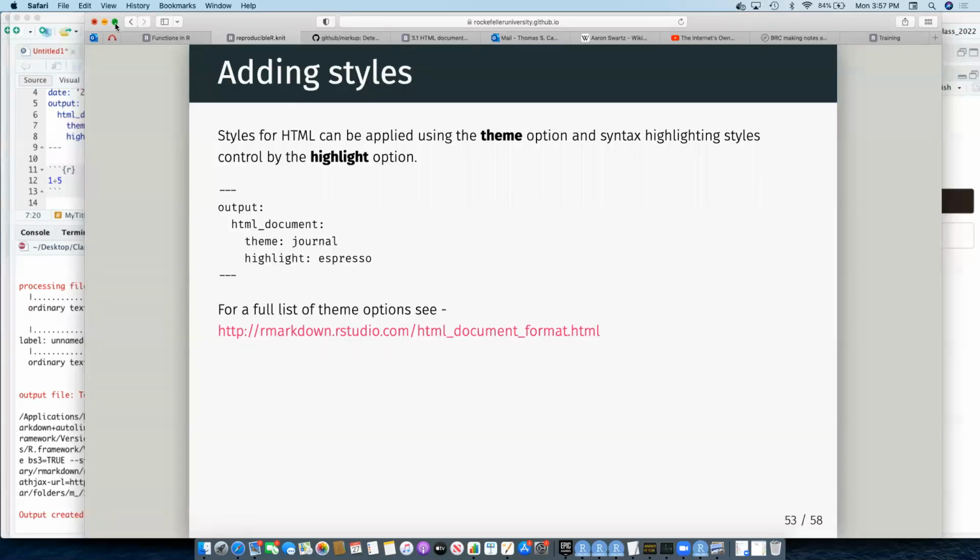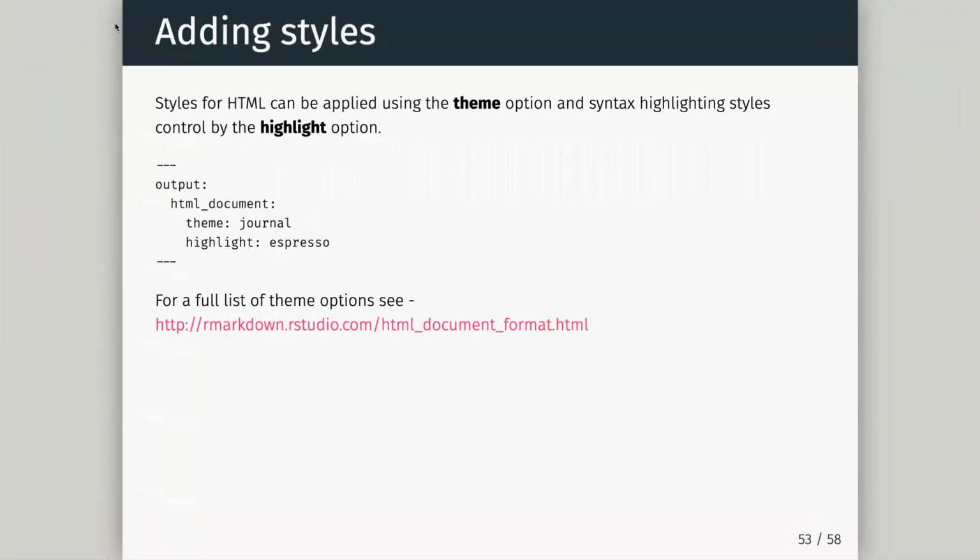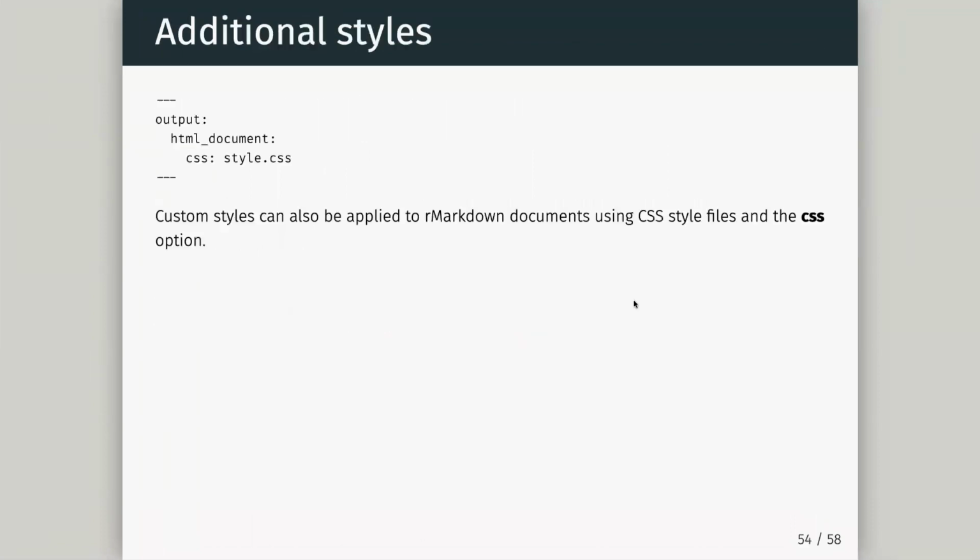And I'm not sure if anyone here does any HTML development or building tools, but if you do, you can actually customize these things just like they were HTML pages. To do that, you just provide your own set of styles by specifying CSS and then style.css, wherever your CSS file is, and it will load that in and apply any styling you have in your CSS to your document.